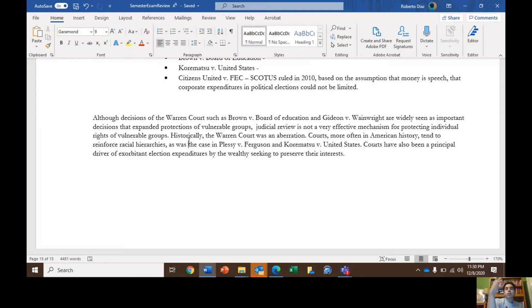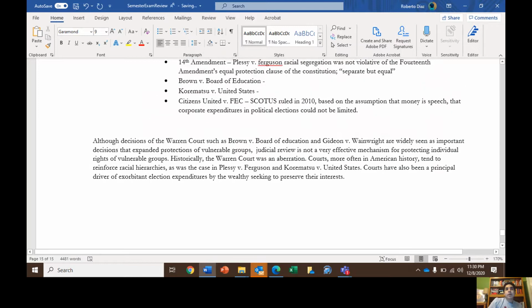So this judicial review mechanism seems effective at preserving and protecting individual rights maybe in the Warren Court, but not so maybe in the Burger Court or the Rehnquist Court after it, or certainly not before in previous courts, and maybe not in the Roberts Court, which, as we talked about last week in Shelby County versus Holder, invalidates a key portion of the 1965 Voting Rights Act.